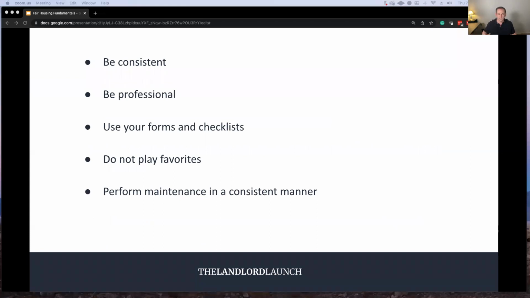Be consistent, which we've talked about a lot. Be professional, which we've talked about, especially in retaliation. That also really goes towards retention, getting that lease renewal and so forth. Because like I said, some things can blow up and then calm back down, and misunderstandings, and they could turn out to be the best tenant ever. Maybe they won't be, but at the very least, when it comes to renew that lease, if you acted professionally, they're not going to hold that against you.